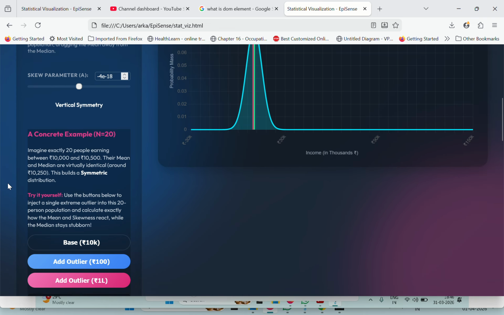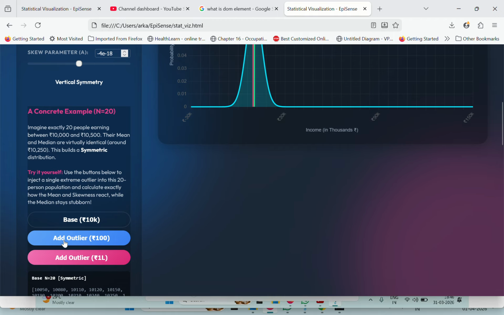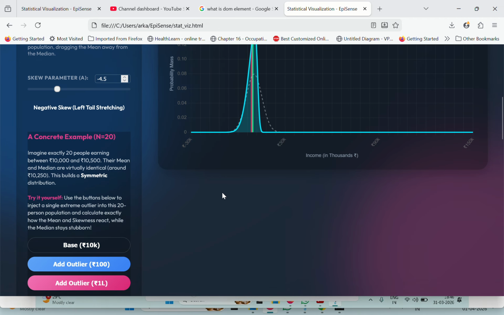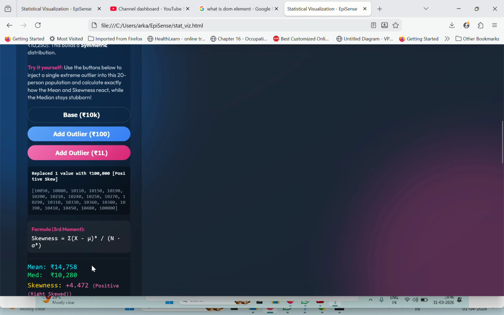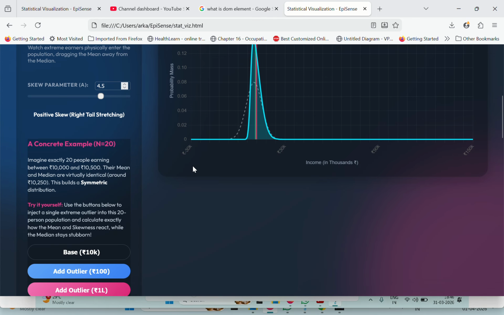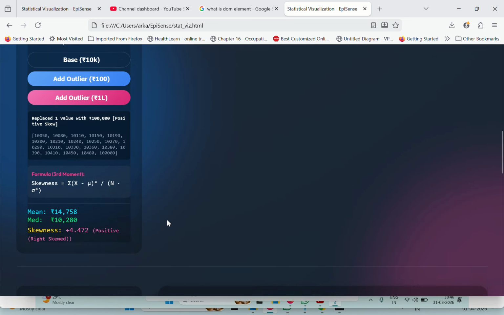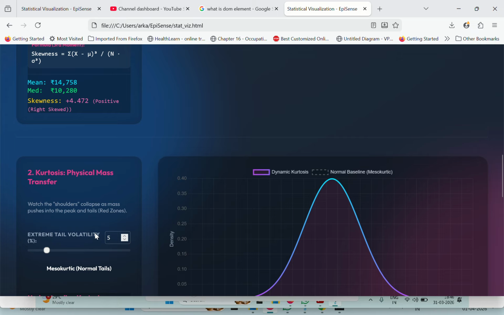You can get an intuitive understanding of how, in a normal distribution, if I add a small outlier, which is a very small one, from the other sample, it becomes a left-skewed distribution, and if you use a very large number, then how much it deviates shows its skewness. So you can understand right skew and left skew based on the distribution. These are the understanding of mean, median, and how positive skewness or negative skewness works.